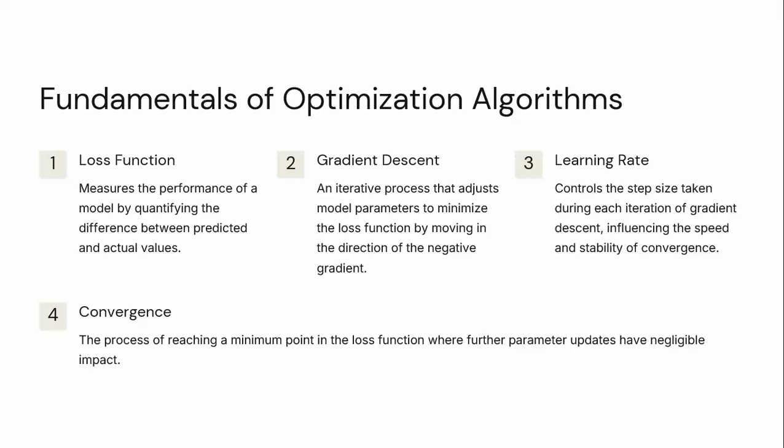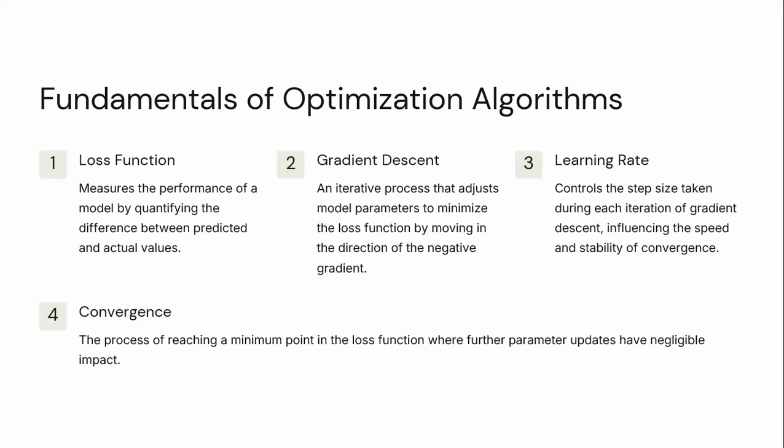We call this difference the loss function or error function. Based on that, the gradient descent algorithm adjusts the model parameters to minimize the loss function by moving in the direction of the negative gradient.